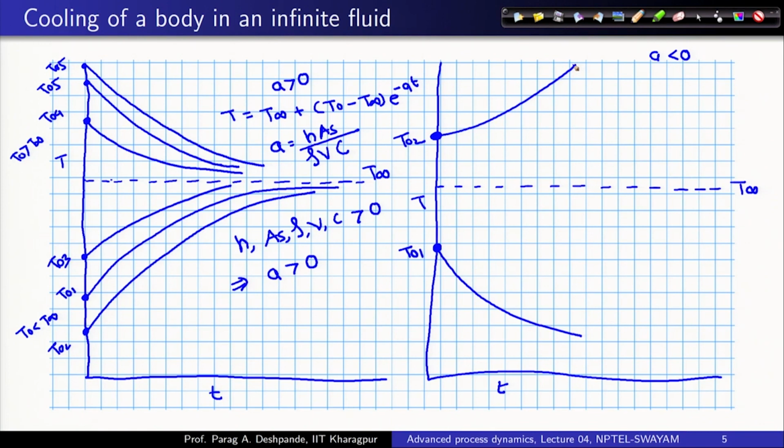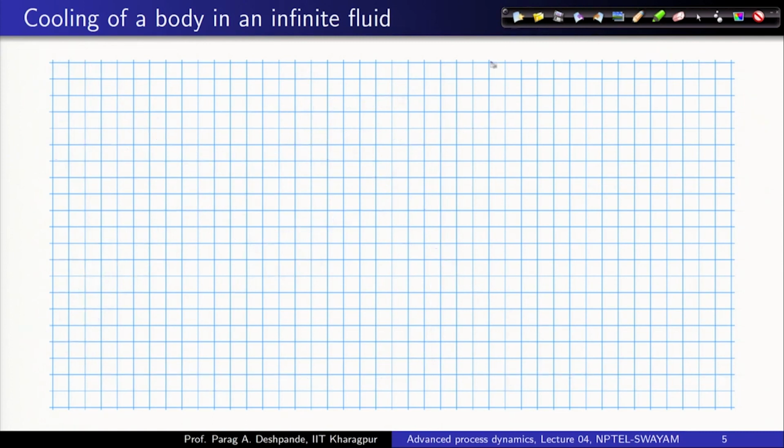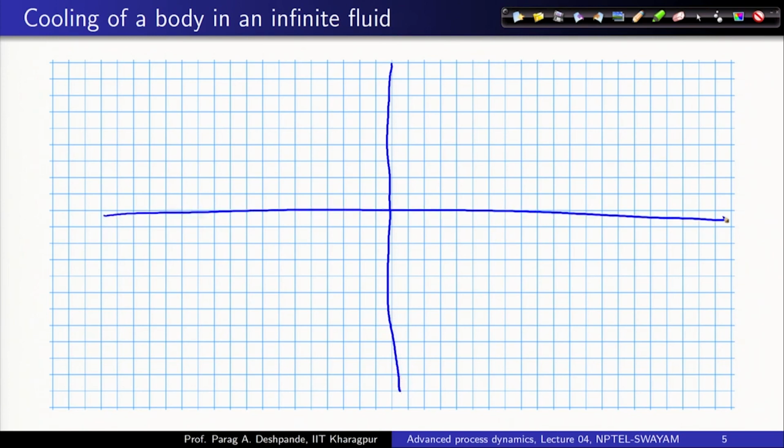Now, this looks a little weird, but this is in fact not mathematically inconsistent, because what you will need to do is go to negative time as well. So, let me draw it again. Now, I have considered negative time as well. Okay. So, this is the temperature, I have considered the negative time as well. How would the solutions look like?